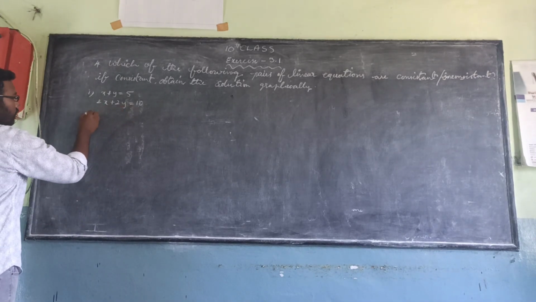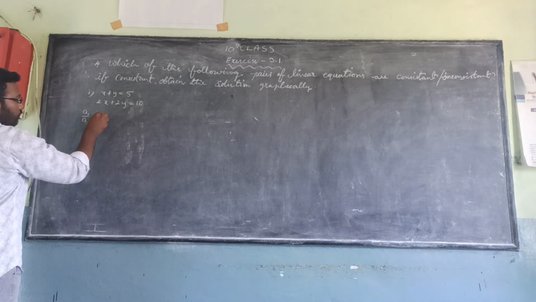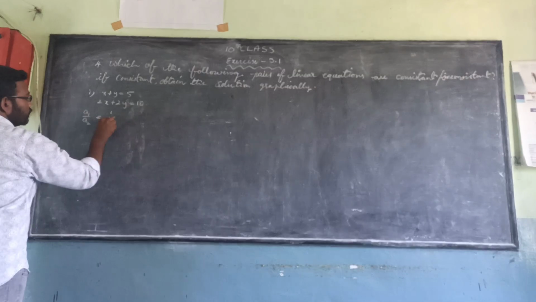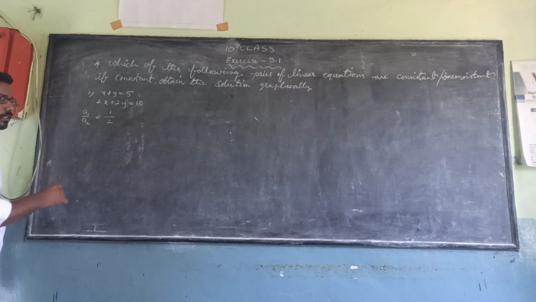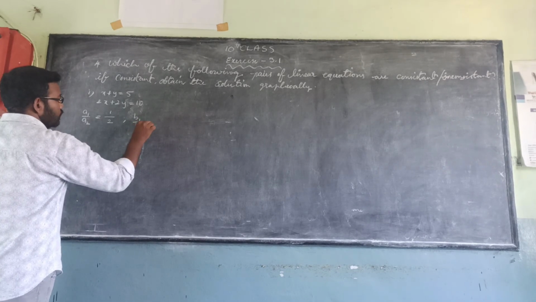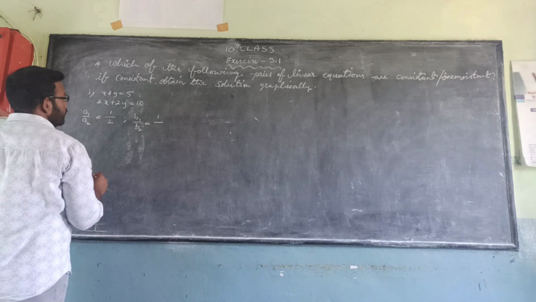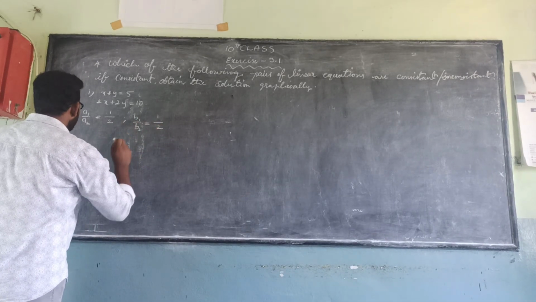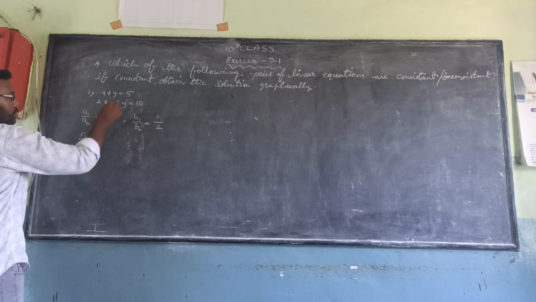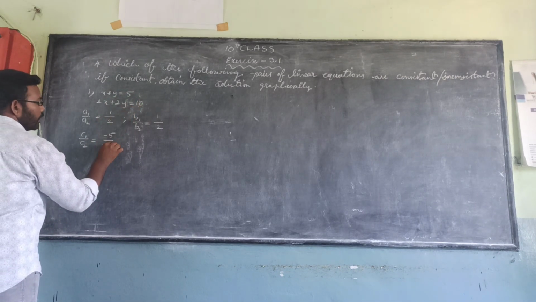To find it, we have to find a1 by a2, which is equal to, here a1 is 1 and a2 is 2, so 1 by 2 is the simplest form. Now b1 by b2, here b1 is 1 and b2 is 2, we get 1 by 2, and c1 by c2, here c1 is minus 5 and c2 is minus 10.